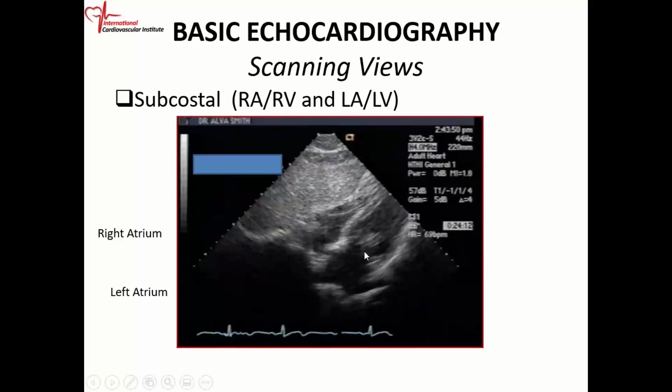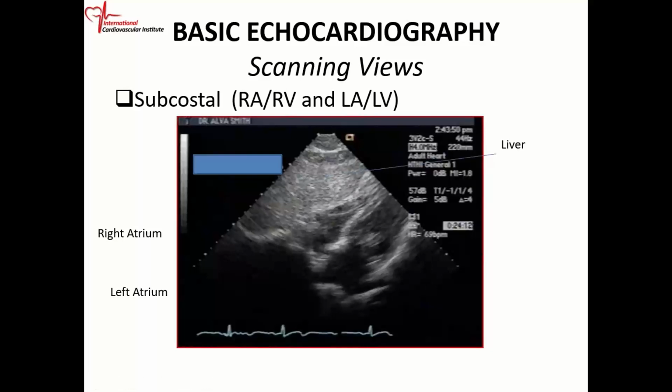This is a very important view, because you can see the ventricular septum and the atrial septum. So if the patient has atrial septal defect, this is a good view to get. Also, you can look at the pericardium. If patients have pericardial effusion, this is a very important view to get as well.